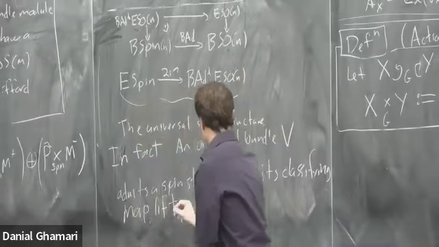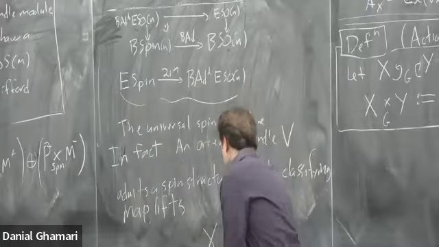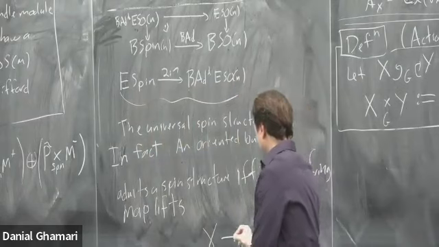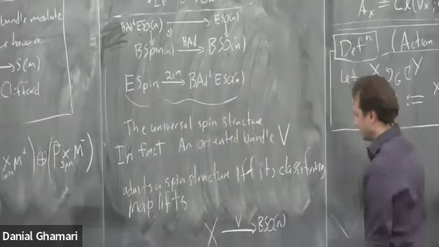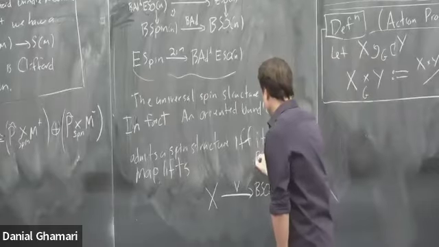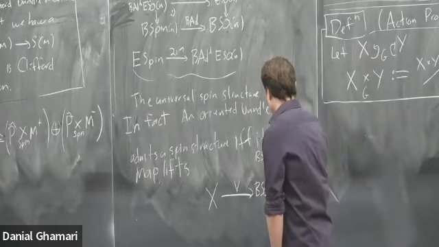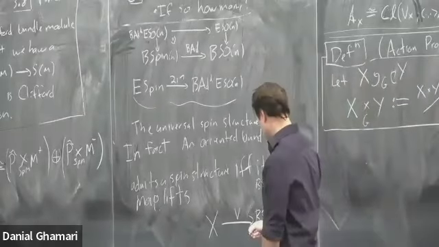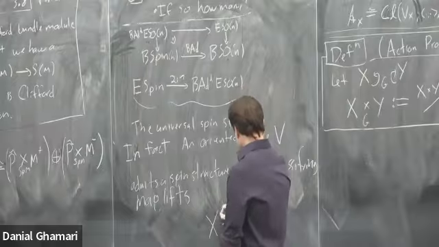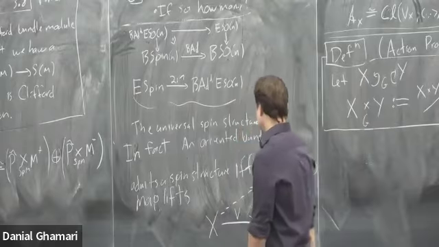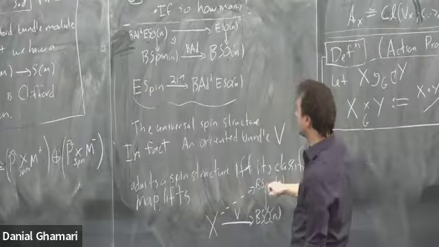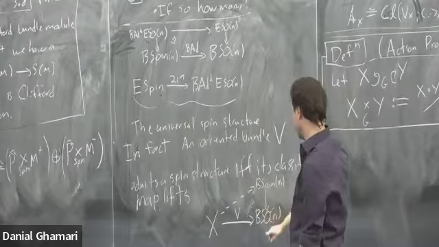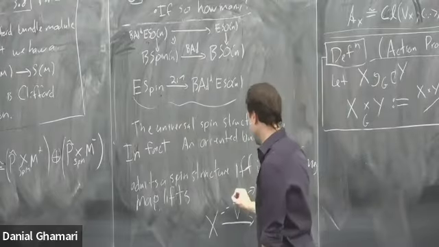So you have your space X. You have your map to B SO N, witnessing the fact that it's an orientable vector bundle of rank N. We have our map from B spin to B SO N, given by the adjoint, and a spin structure is just given by the pullback of the universal spin bundle, and it double covers the pullback of the universal SO N bundle.